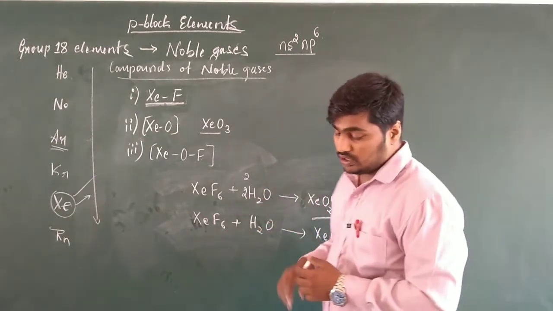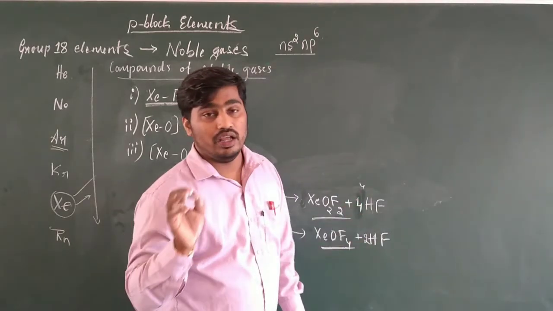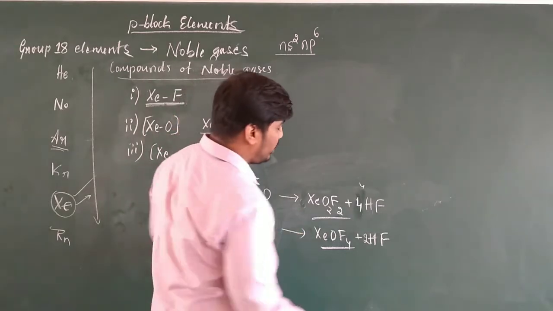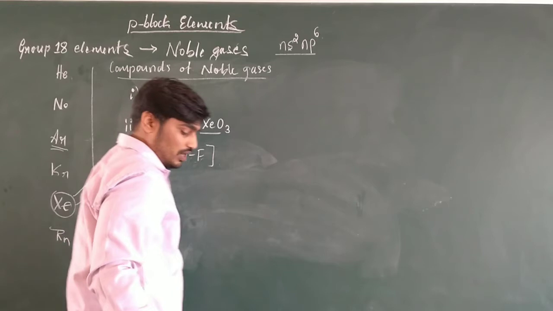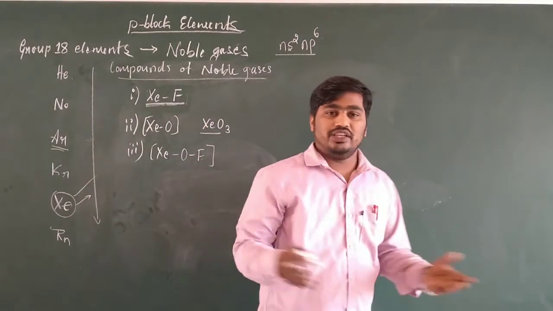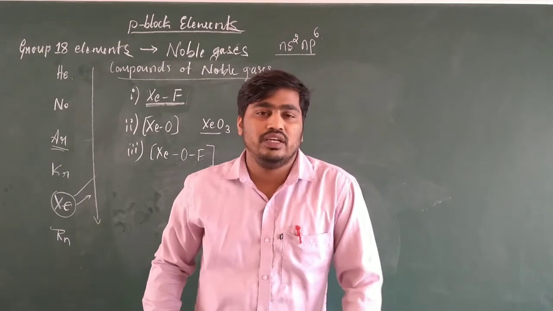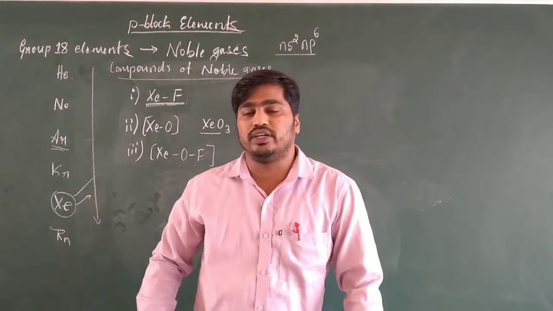Okay, let us move on to the structure of these compounds. All are fluorinating agents, please remember. Next, structure of these compounds. Hybridization is again left to you. It is not given in your NCERT syllabus, but for competitive exam purposes, the hybridization of the compound is very important.